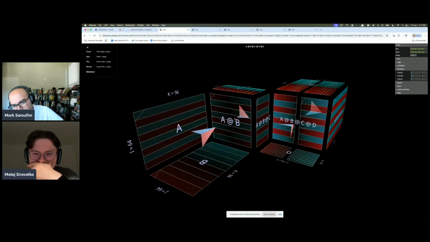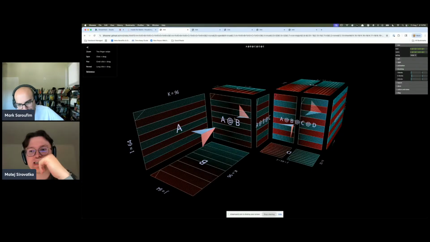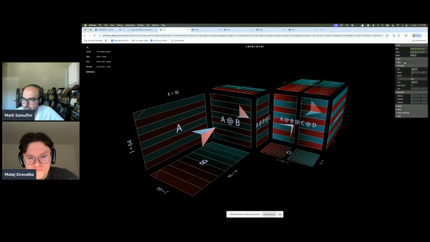A is your data, A times B is your activation, A times B times C is your activation, A times B times C times D is your activation, and so forth. So matrices B, C, D, E are your weight matrices, right?